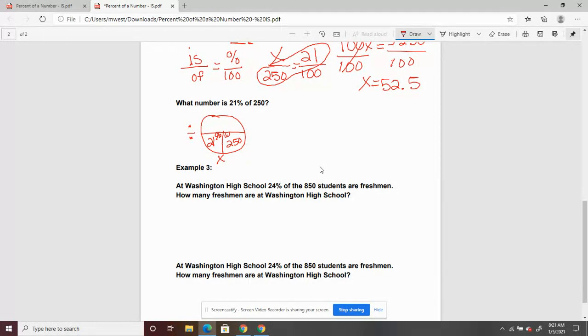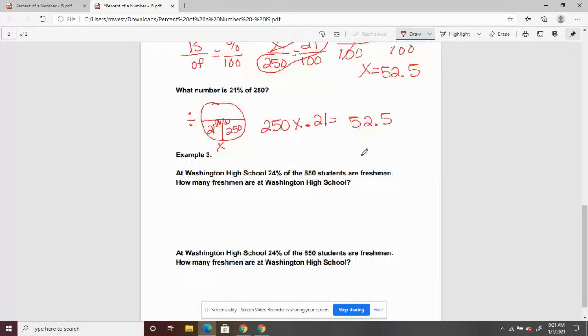So that means multiply because that's where we're at. So we have 250 multiplied by the 21% changed to a decimal. And when you multiply 250 times 0.21, you get 52.5. And remember, it's either method, and I'll show both of these methods within the other two videos as well.